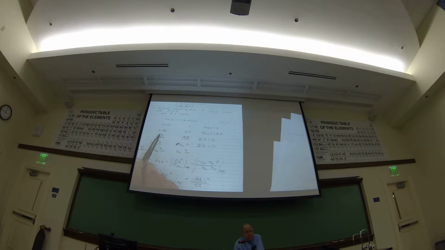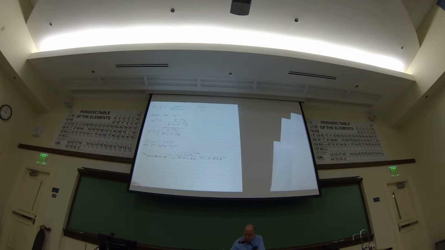That's what it is. So this means that I2 gas is 52.5% dissociated at 1 atmosphere and 1500 K.